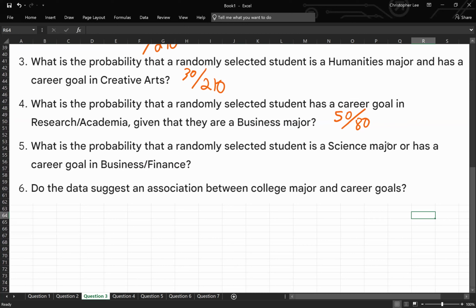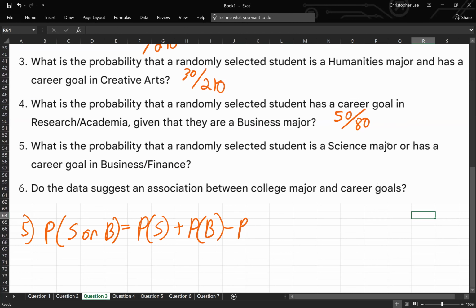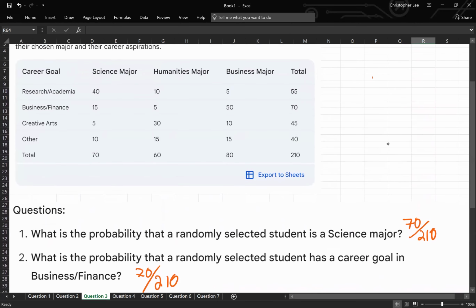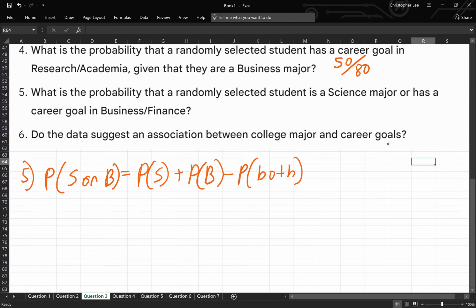All right. So for number 5, right? We want to know the probability of science or business. The probability of science or business is equal to the probability of science plus the probability of business minus the probability of both of them, right? So what's the probability of being a science major? 70 over 210, right?